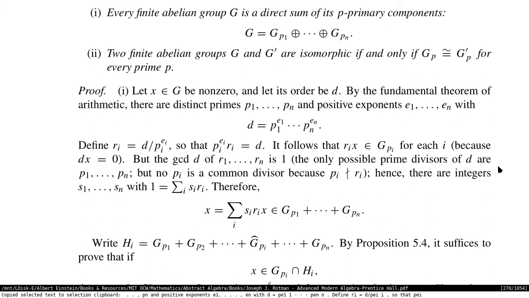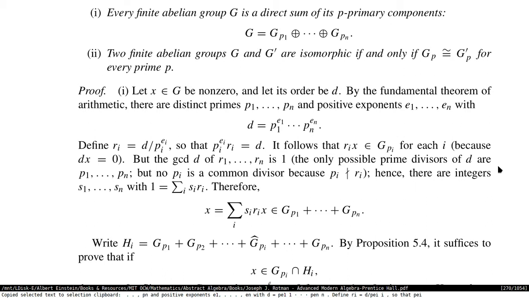Now you do the same thing as you do all the time with the GCD. You write the linear combination. So 1 as the GCD can be written as the linear combination of si ri, for some integers si. Then you multiply this whole thing with x.